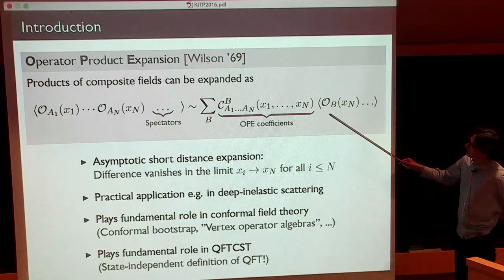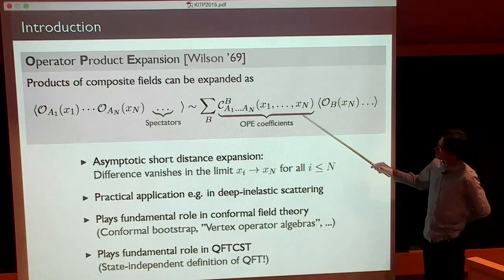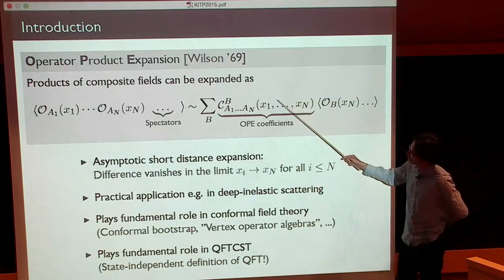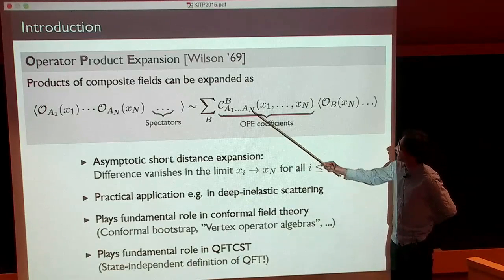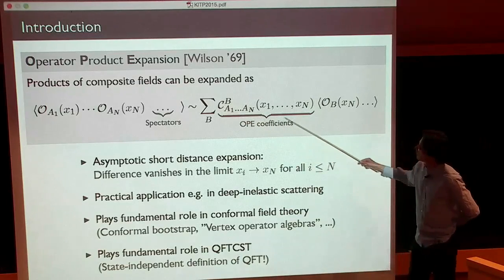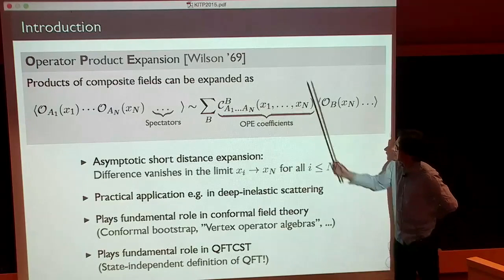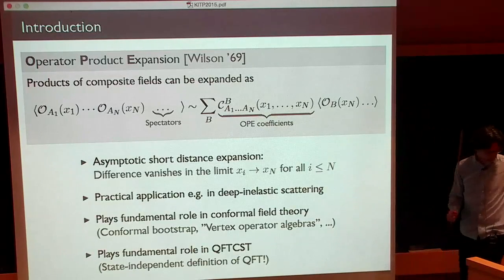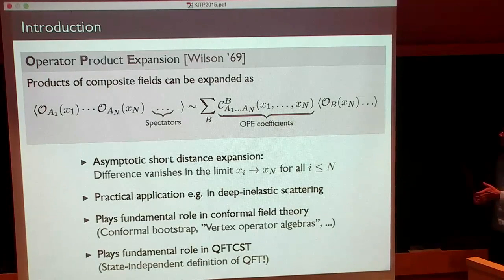So it's nice to have a formulation of the theory which is independent in some sense of all that, and that arises because these coefficients here depend only on the local geometry near a point, whereas this kind of infrared object depends very much on boundary conditions, on choices of vacuum state and so forth.